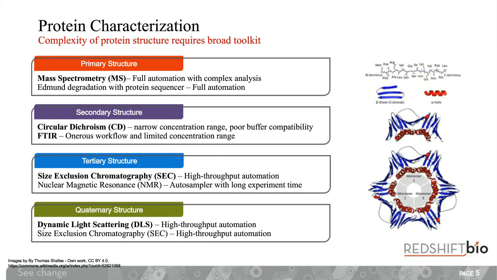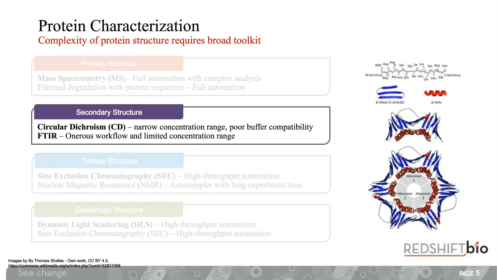So if we look at the protein workflow, particularly at protein structural characterization, we note that there are very good options in place for all of these, apart from for secondary structure. In this space, there are two main traditional techniques, circular dichroism spectroscopy and Fourier transform infrared spectroscopy.